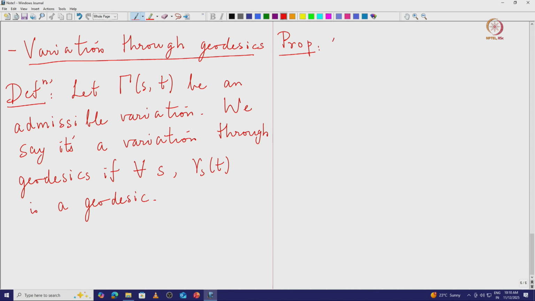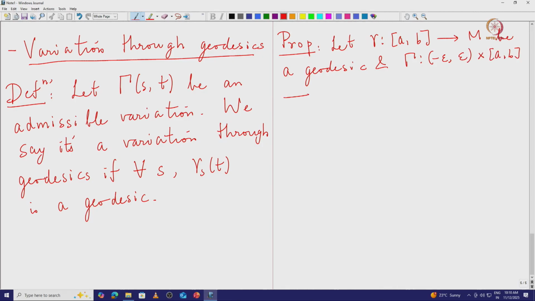Let gamma be a geodesic and capital gamma a variation through geodesics.